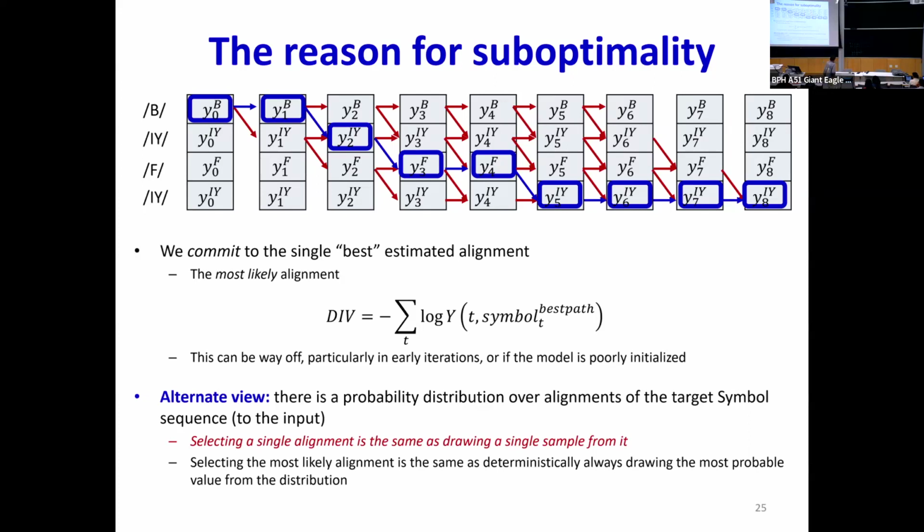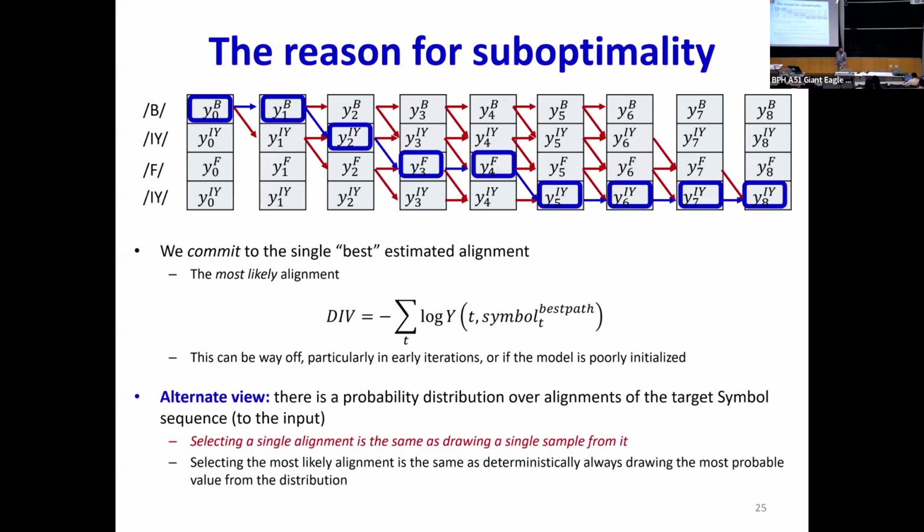In that case, instead of just considering my loss with respect to my most probable alignment, I can replace this with the expected loss over all alignments, where the expectation is over the probability distribution over alignments, namely this guy over here, right?